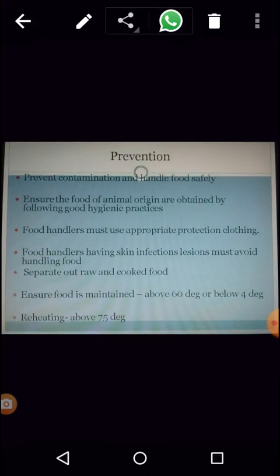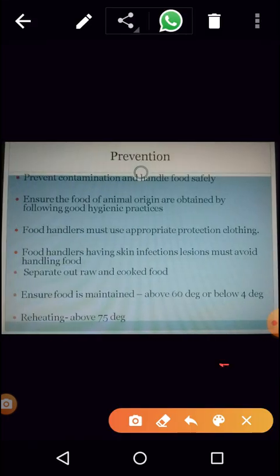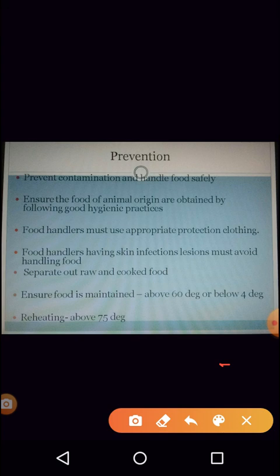What is the prevention? Basically, food has to be handled properly. Generally you saw the associated foods are all of animal origin, so food of animal origin should be obtained in hygienic conditions.